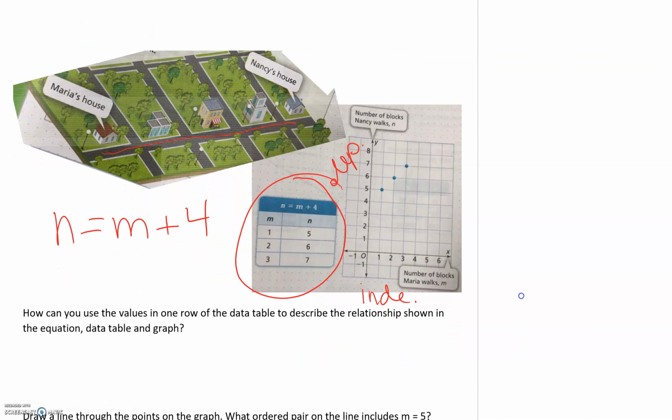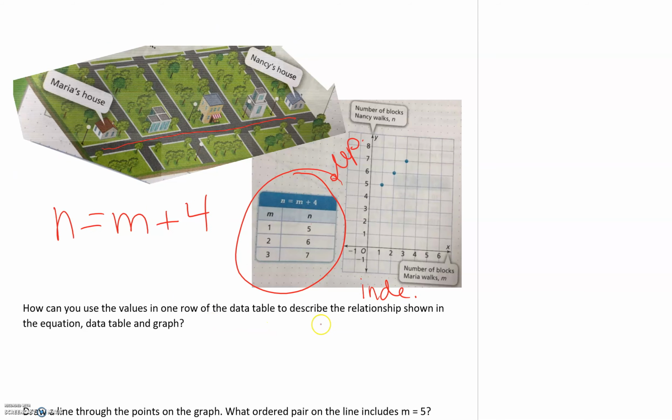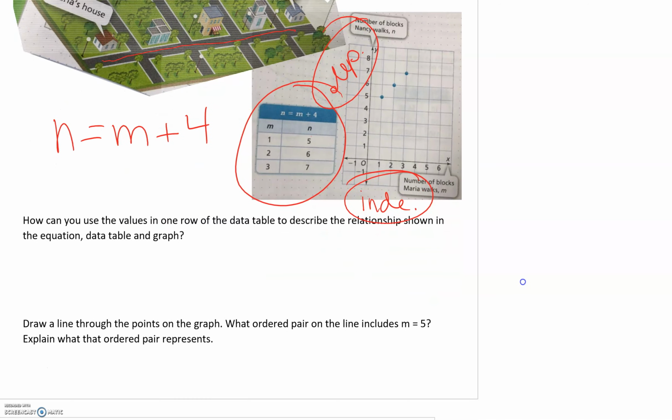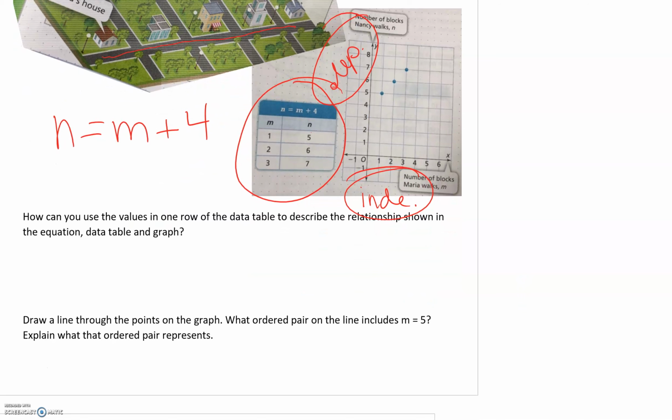It says, how can you use the values in row 1 of the data table to describe the relationship shown? I already did that with our independent and dependent variables. It says, draw a line through the points on the graph. What is the ordered pair when m is 5? This is a straight line, which means it's linear. So when I have a linear line, I can continue my line straight. At m equals 5, we see what point intersects our graph.